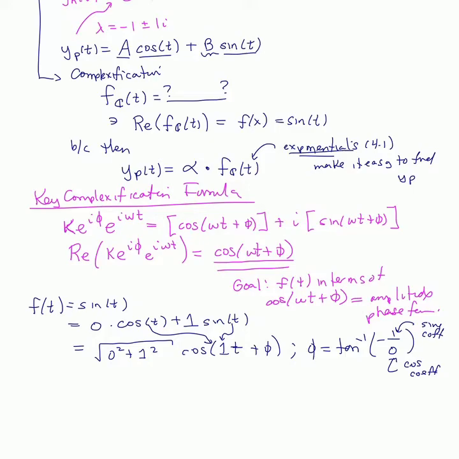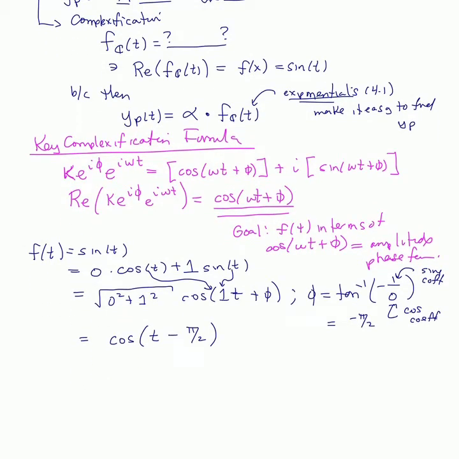The inverse tangent of the undefined value is pi over 2, or negative pi over 2 if you wish. So we've rewritten our forcing function as cosine of t minus pi over 2.